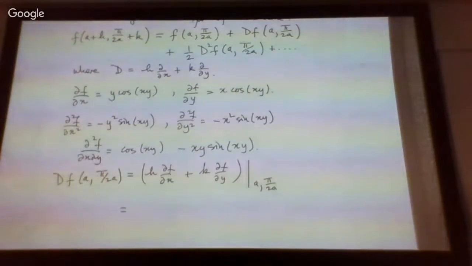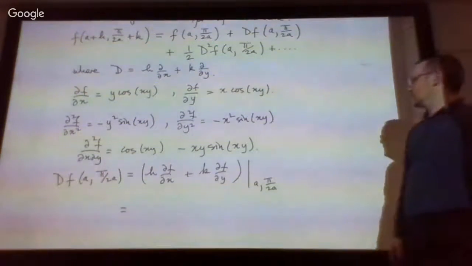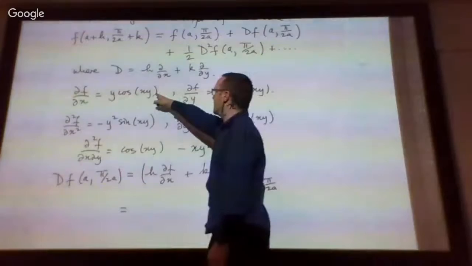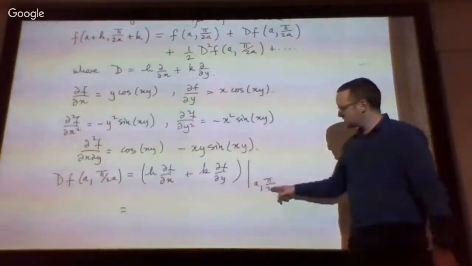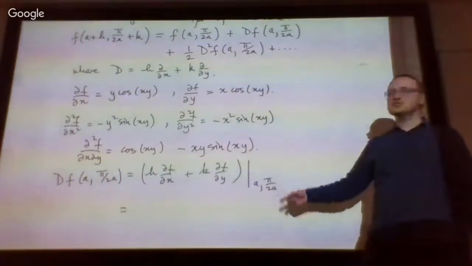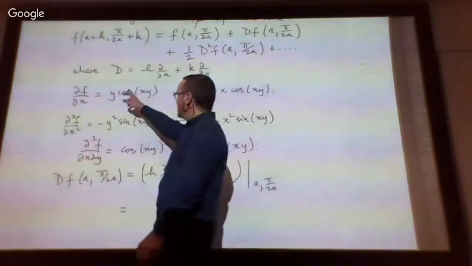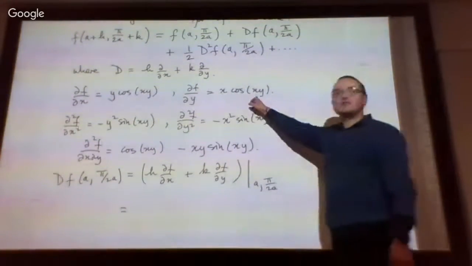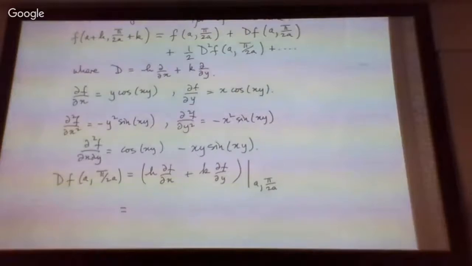So we won't write down too much stuff, we can just do that in our heads. When we have this term x times y, multiplying those two together gives you π/2. So in each case, you've got cosine of π/2. Cosine of π/2 is 0.